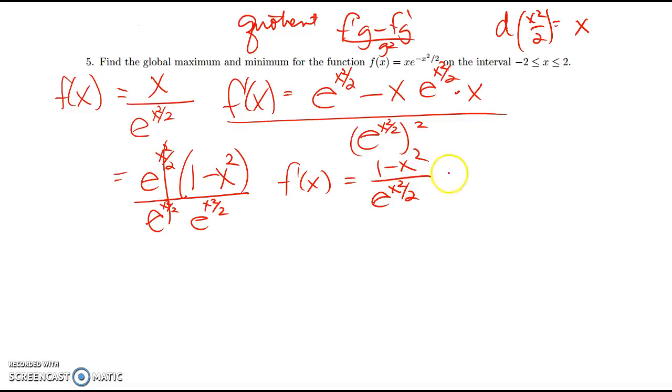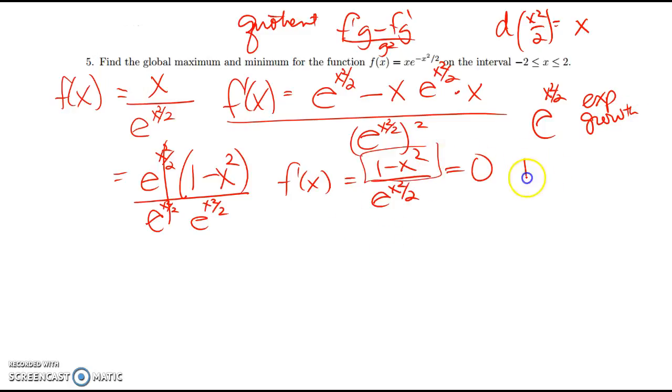If I'm going to set this equal to 0, notice that this e to the x squared over 2 is always positive. It's exponential growth. So I just have to look at my numerator. Set that equal to 0, and I will find out that x is plus or minus 1.